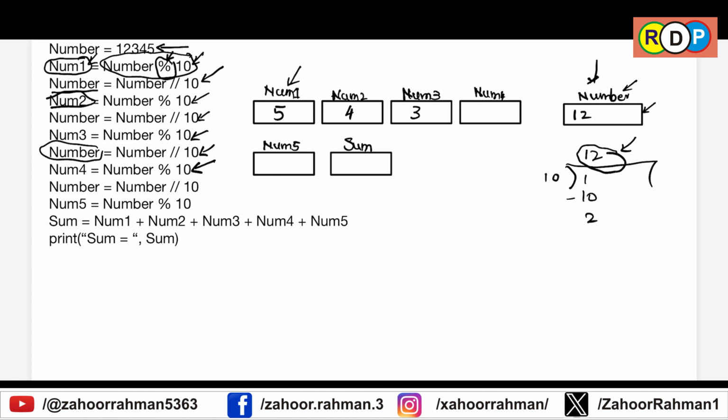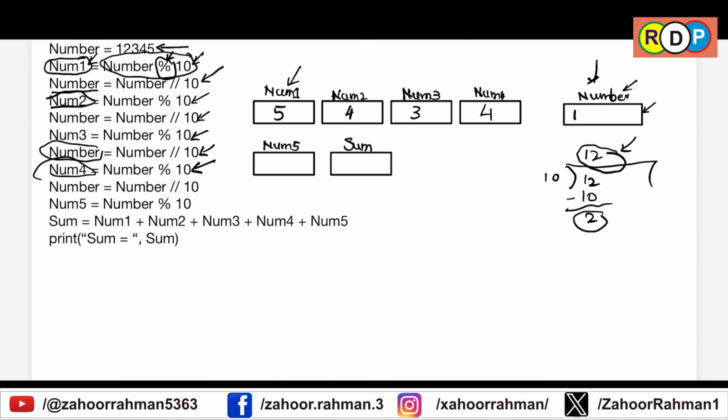Let me write that 2 again, because there is 1 2, this value 1 2, and I also have to remove this 2 so that only one will remain. So in this particular case 2 will be stored inside num3, which is this one, and we will store 2.